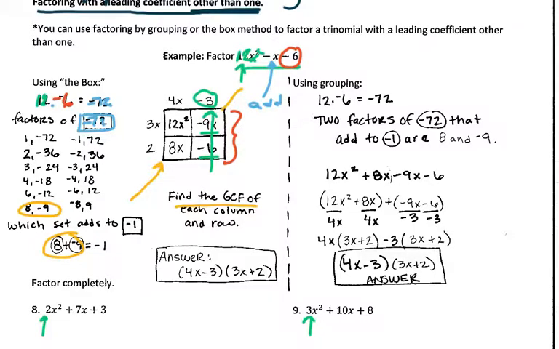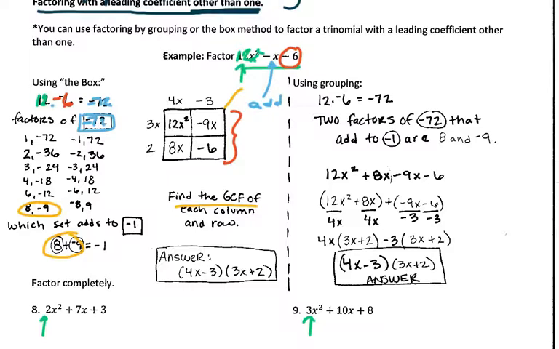Then if we look at this first column, the number that's alike between 12 and 8, the largest one is going to be 4, and so that's where it comes from. Also looking at what we have here from our x's, the lowest power is 1, and so that's why I'm taking it out here. Again, all you're doing is taking every single row and column and pulling out the greatest common factor.